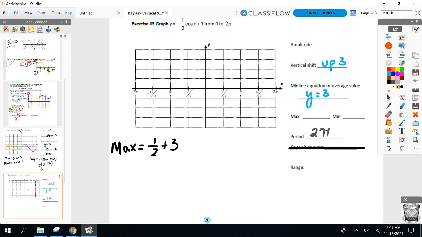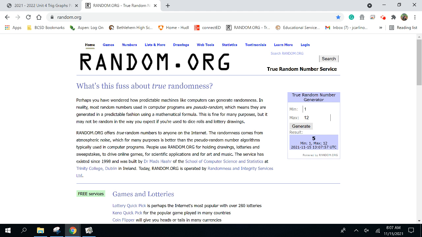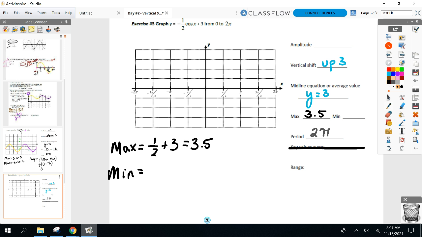Up 3, right? So your new max is 3.5. Let's see what your min is now. What was your old minimum? -1/2, but we're shifting everything up 3. So my new minimum is 2.5.